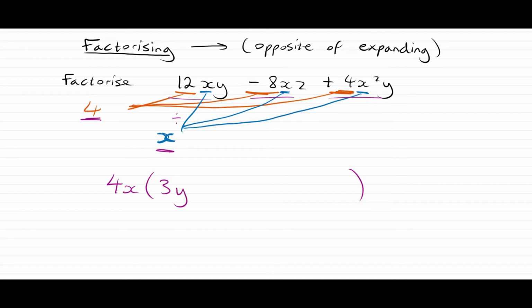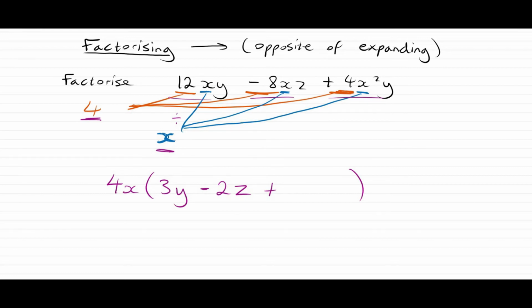And then you have y here, okay? Next one, we times 4 by minus 2 to give us minus 8. So we have then minus 2. Again, x divided by x gives us 1, so we don't write anything. And then we have a z. So we just have minus 2z. And then we have now plus 4 times 1 gives us 4, so we don't write anything there.